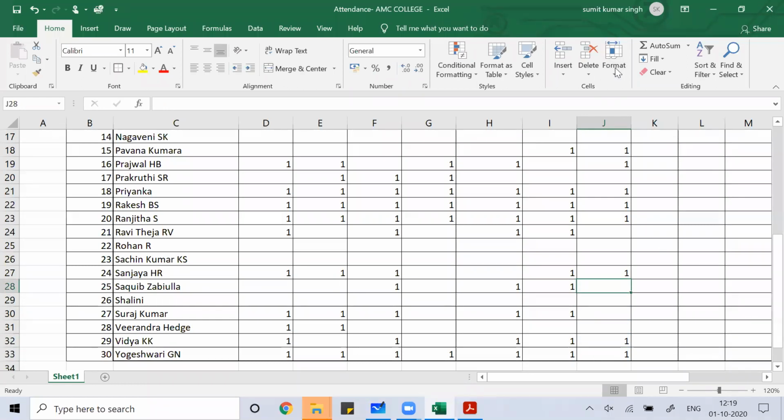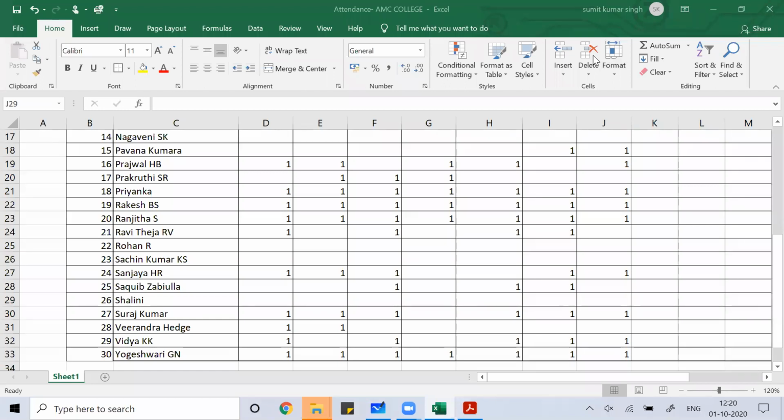Anyone attendance? Rakesh is there. Virendra, are you there in class? Virendra, Suraj, Shalini, Shakib. Anyone attendance if I miss?